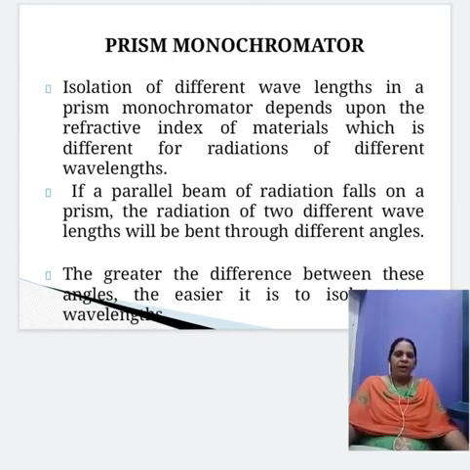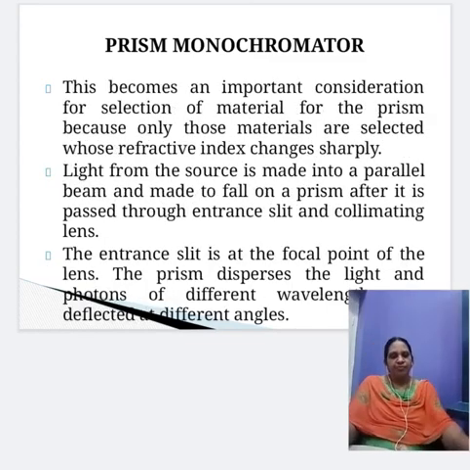The greater the difference between these angles, the easier it is to isolate. If the bending between the two radiations is more, that means if the wavelength difference is more, you can isolate the wavelengths easily.